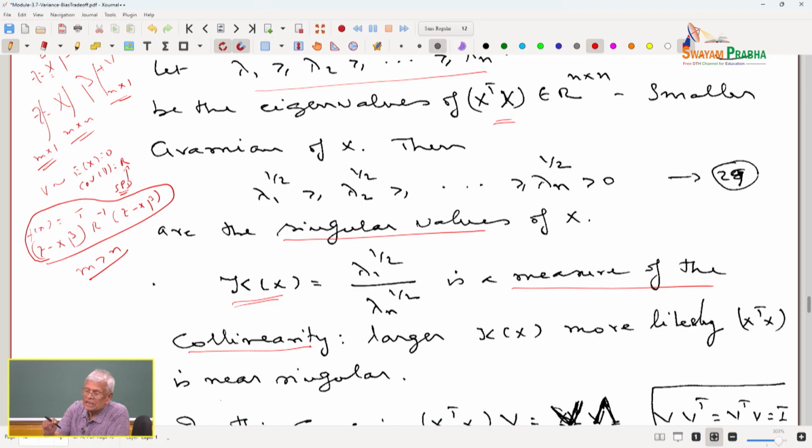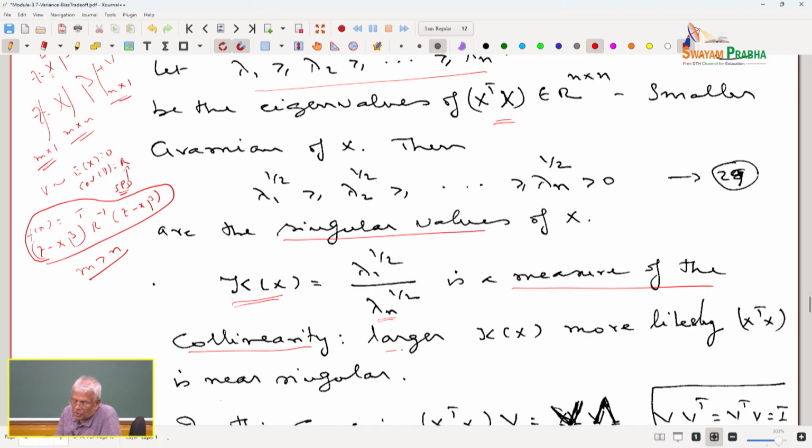We have already seen when two columns are collinear, the angle between them is close to 0, they are almost linearly dependent. That will be reflected as the smallest eigenvalue being close to 0. 10 to the power of minus 12 is positive, but very close to 0. So, if the smallest eigenvalue is very small, the condition number is large.